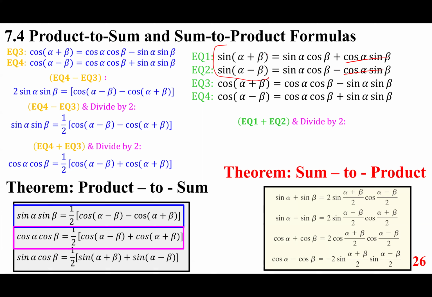So this plus this is equal to 2 of this, right? Divided by 2, you get one of them. So sine of alpha cosine beta is half of sine of alpha plus beta plus sine of alpha minus beta. And that's the proof of this last. This is known as product to sum.